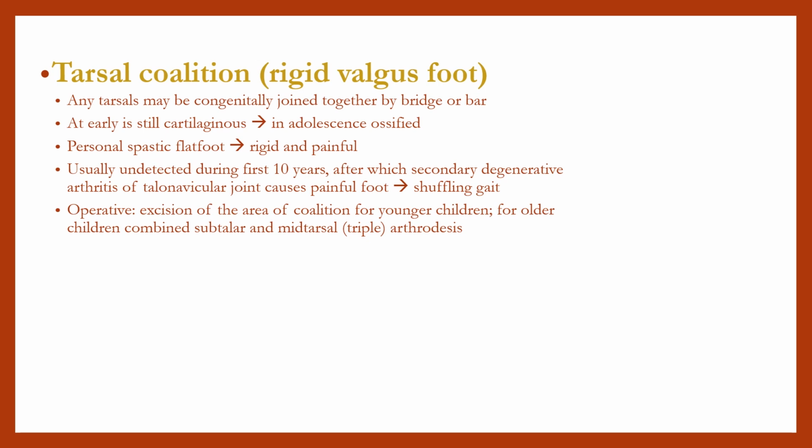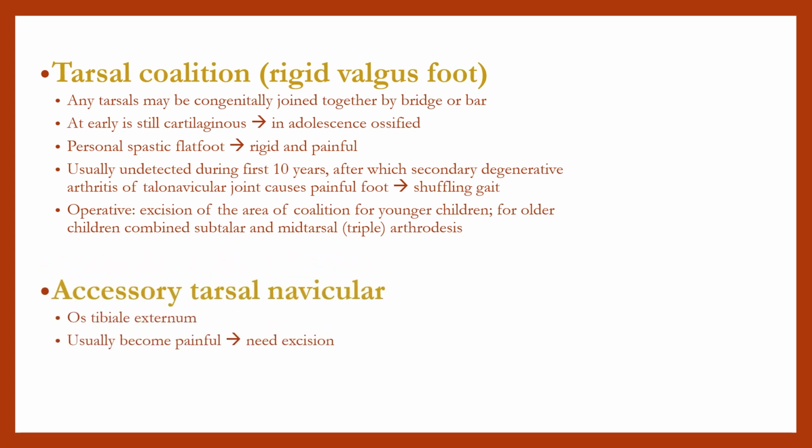Operative excision of the area of coalition is done for younger children. For older children, combined subtalar and metatarsal arthrodesis. Accessory tarsal navicular, os tibiale externum, usually becomes painful and needs excision.